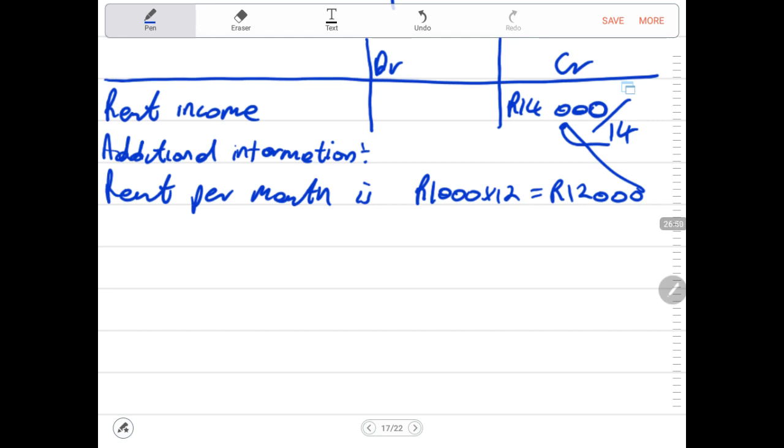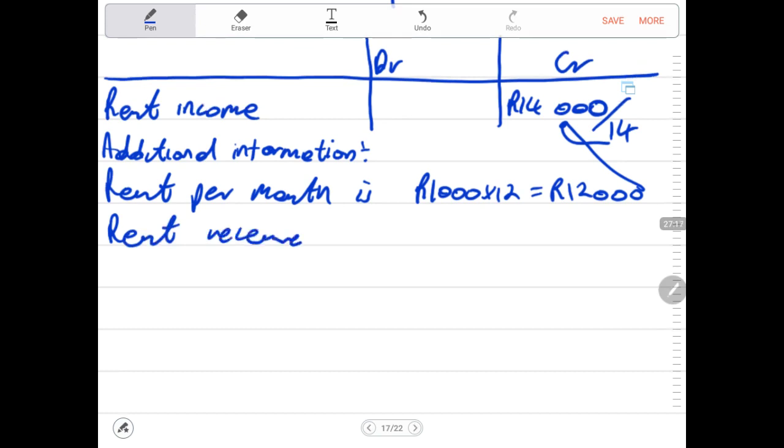Or if the accounting period ends in December, they can say rent was received up to February next year, and you can identify from there that this is for 14 months, because an accounting period or a year is a normal 12 months. Then I will say this is the rent that you're supposed to receive, which is the rent of 12,000. Then you say how much rent have we received?